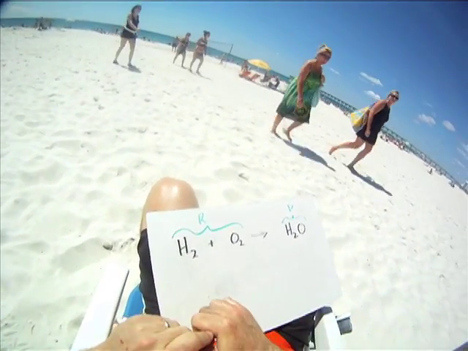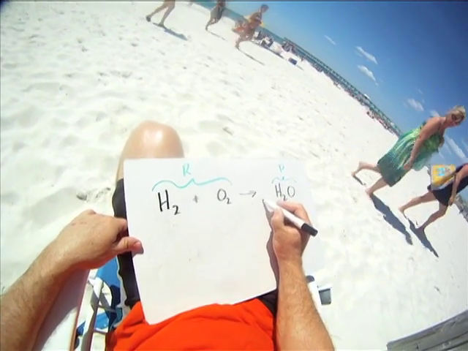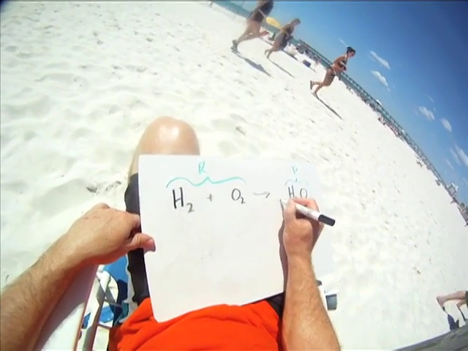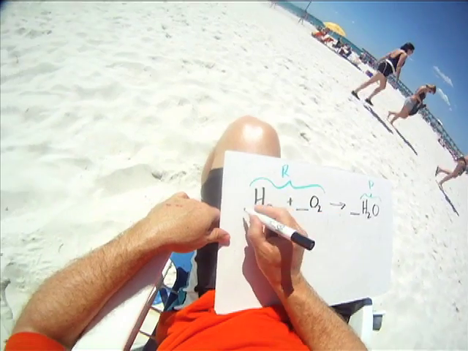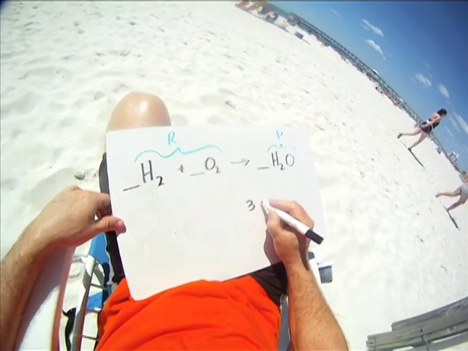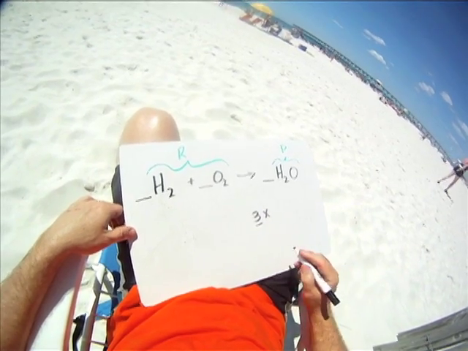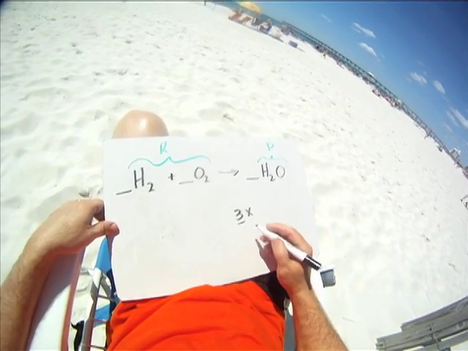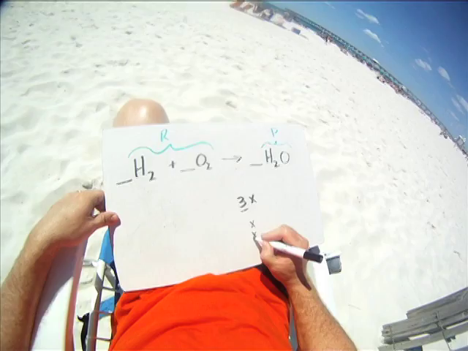Alright, so our first step in balancing this equation is to draw these things called coefficient lines. And in math, we talked about coefficients being the number in front of a letter. This would actually mean there are 3 x's.